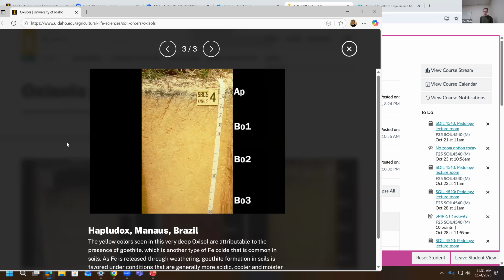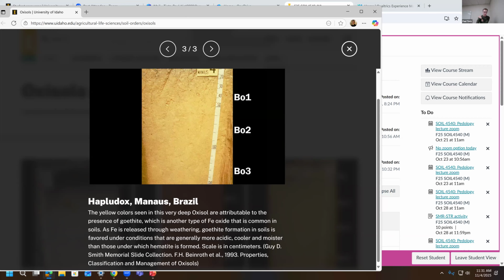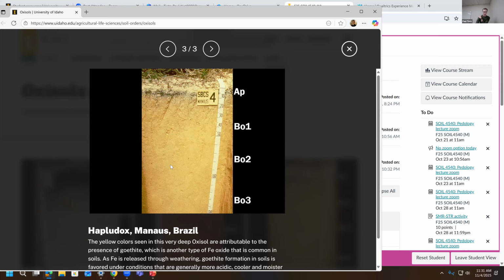So this yellow goethite mineral forms in relatively more acidic, cooler, and wetter places than the red colored hematite does. So iron is released through the weathering of these silicate minerals, and that's why this one looks a lot more yellow than the other red one, but it still has the same horizonation, Ap horizon, over these BO oxic layers.